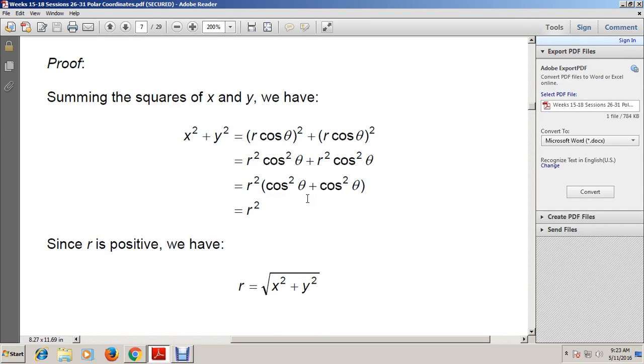That is one of the basic Pythagorean identities: cosine squared theta plus sine squared theta is equal to 1. So that means this factor is 1.